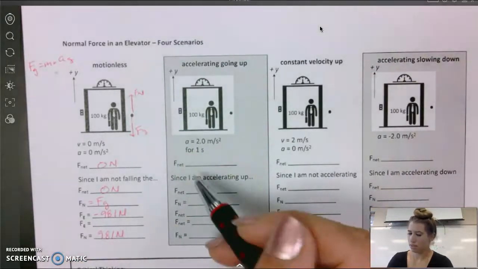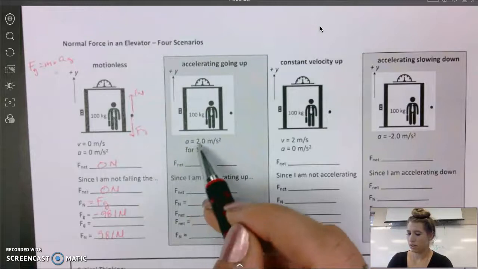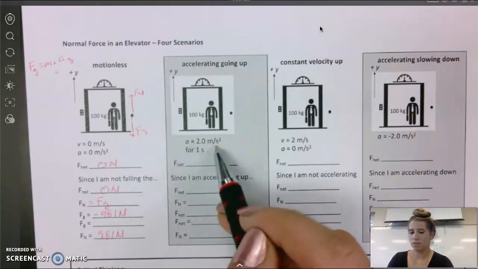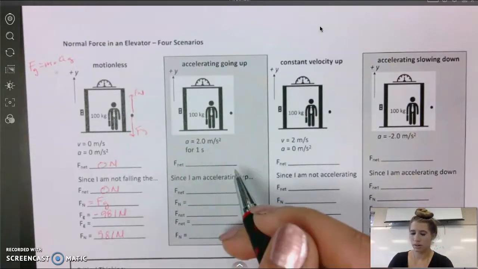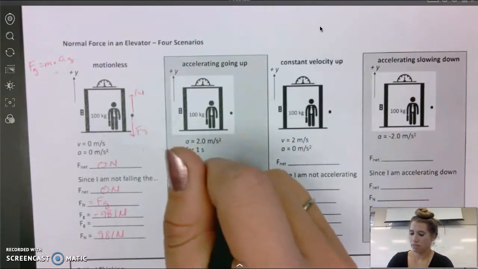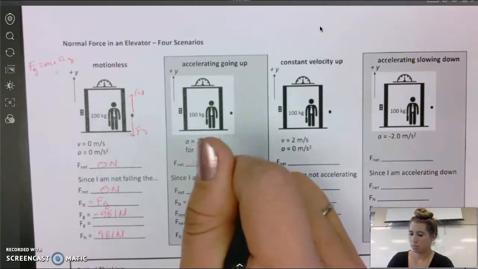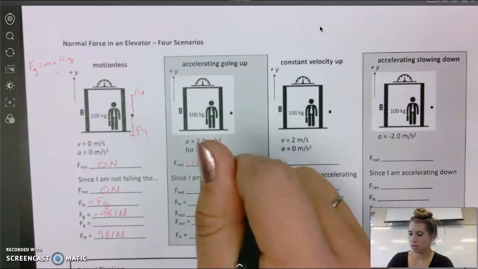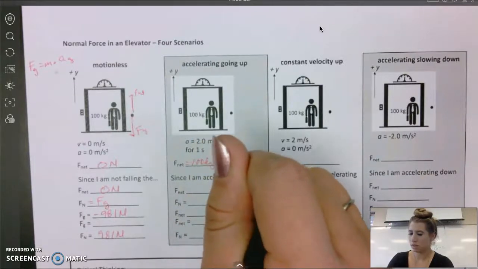Okay, now our net force when we have an acceleration, which is 2 meters per second squared. Well, we know that net force is equal to mass, which is 100 kilograms, multiplied by the acceleration, 2.0 meters per second squared.